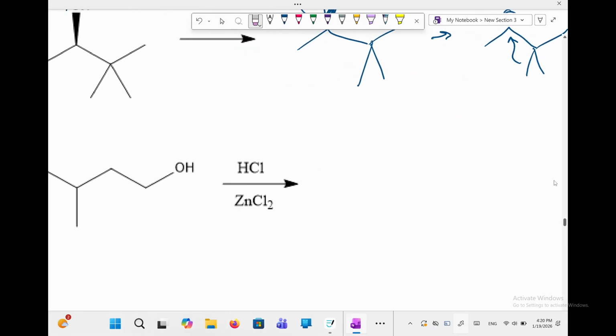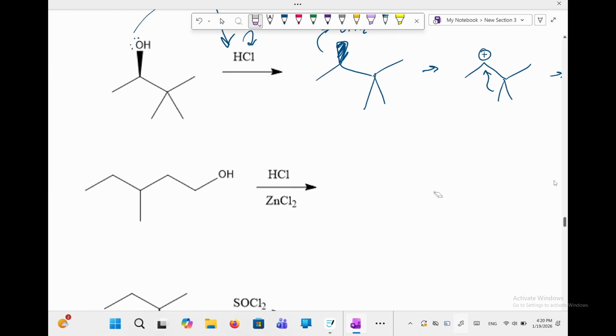Since that's the case, it has to be activated by the zinc chloride catalyst here. Since we're predicting the products and we're expecting an SN2, we're going to do exactly that. The chlorine is swapping out the alcohol.